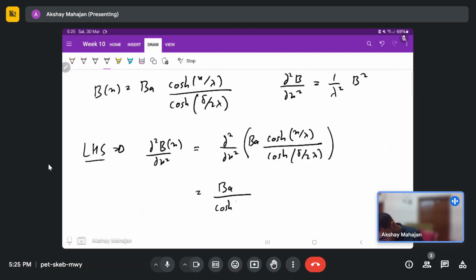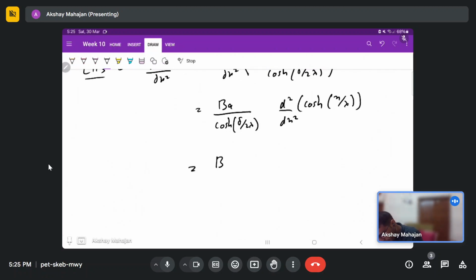This cosh(δ/2λ) is a constant, and we have d²/dx² of cosh(x/λ). So that will be B_a over cosh(δ/2λ), and we can write it as d/dx of d/dx of cosh(x/λ).